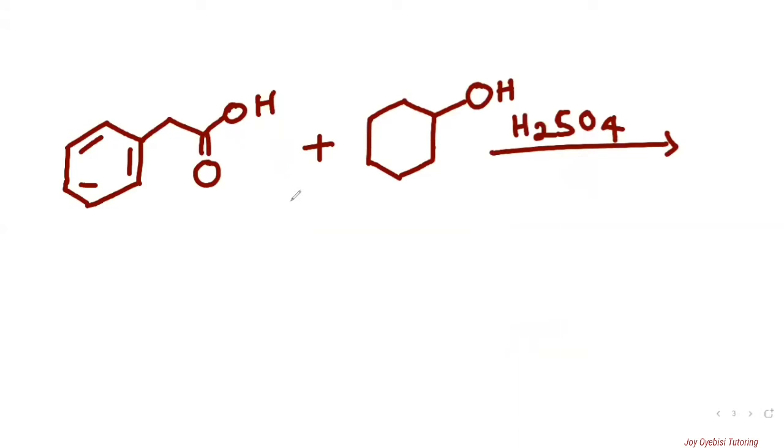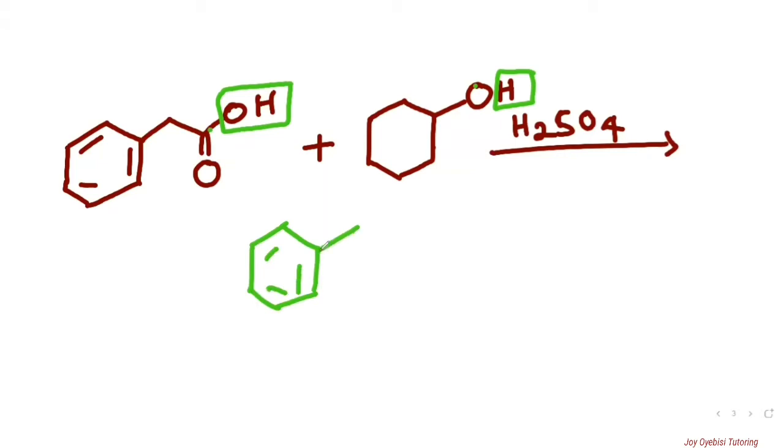Okay, so for this other example, we were asked to give the product of this reaction. Now we're still going to make use of the shortcut since we have not been asked to write the mechanism. So we combine the OH of the carboxylic acid and the hydrogen of the alcohol, remove those as a water molecule, and then draw out the starting material like that.